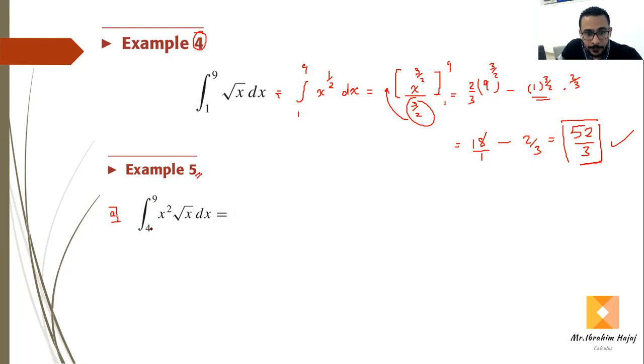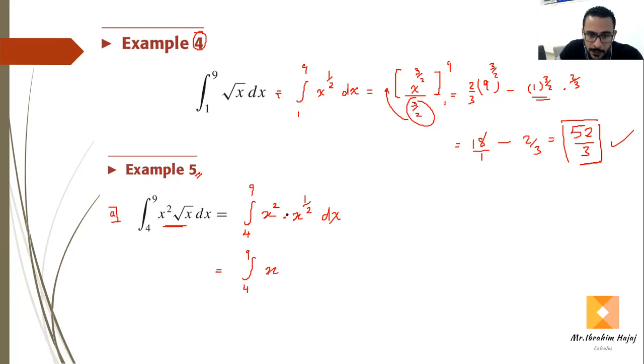The definite integral from 4 to 9 of x squared radical x. Of course, here it is a product. We have to first clear this. Can we split them into two parts? No, we don't do that; that is only when there is plus or minus between them. But here it is a product, so we say x squared multiplied by x to the power of half dx, from 4 to 9.